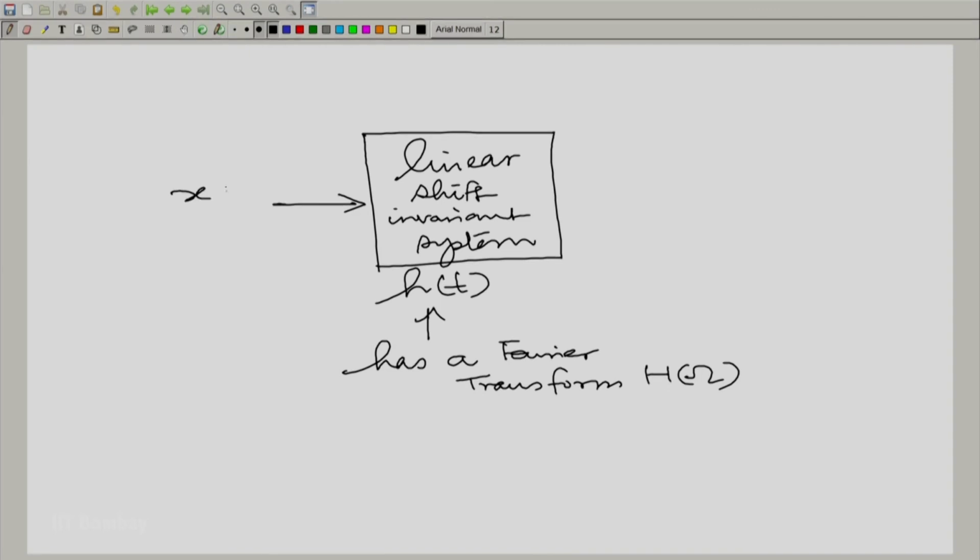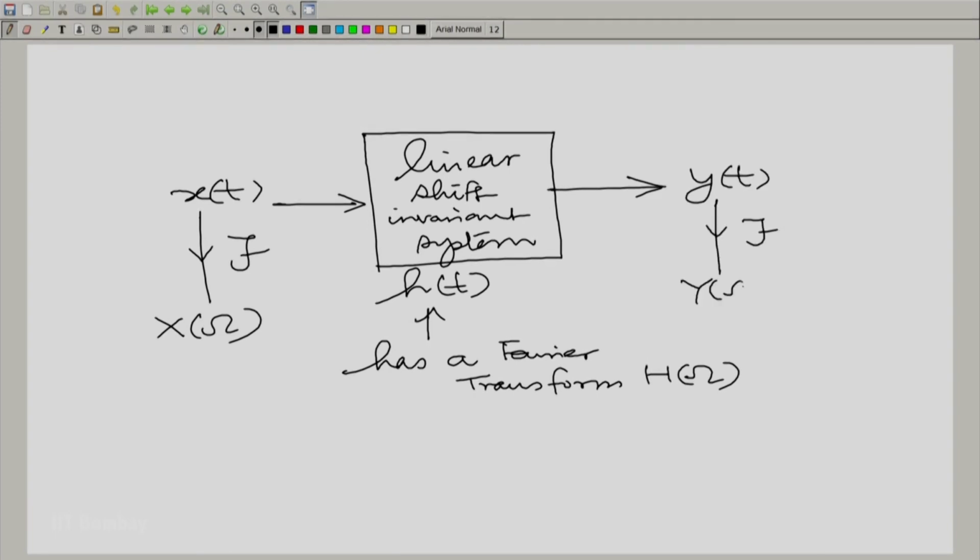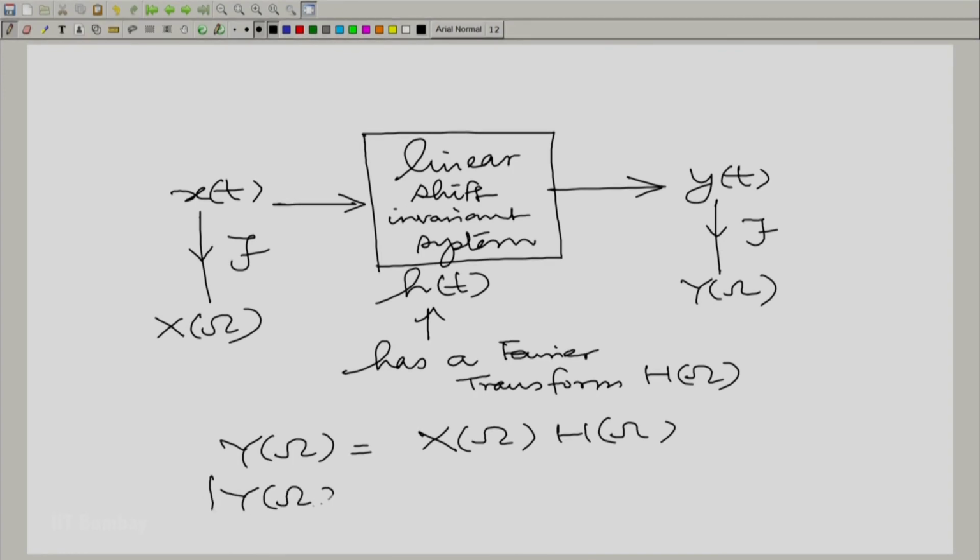If you give it an input x(t) which also has a Fourier transform, call it capital X(omega), then of course you know that the output Fourier transform Y(omega) is equal to X(omega) times H(omega), and |Y(omega)|^2 is also equal to |X(omega)|^2 times |H(omega)|^2.